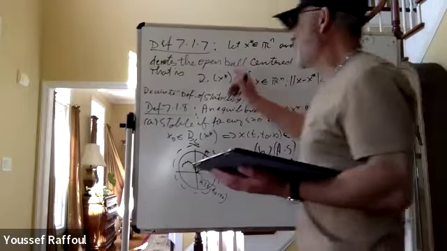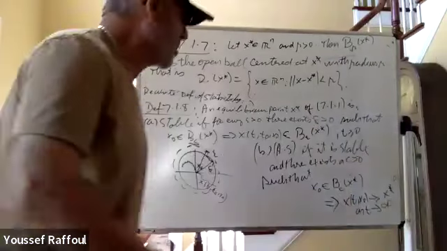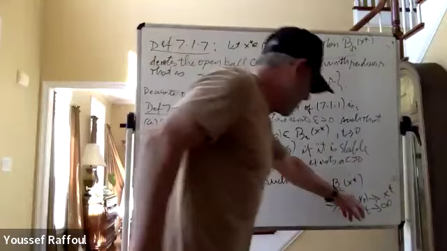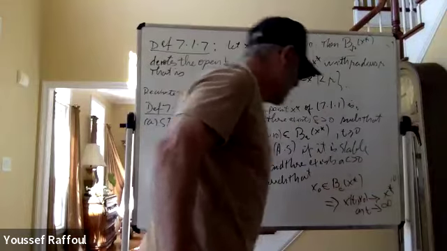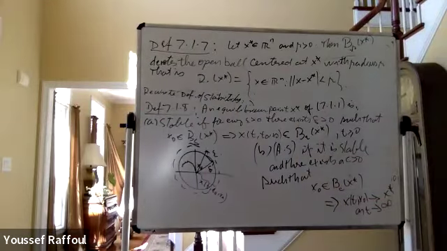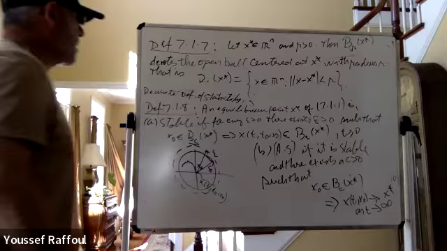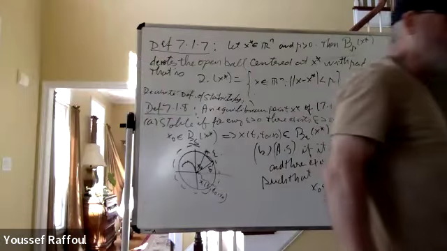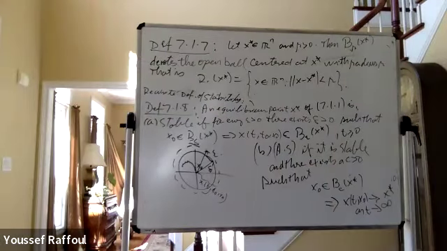Remember, x star is our equilibrium. If our equilibrium point was the origin 0, then this goes to 0 as t goes to infinity. So these are the definitions of the open ball, and it's helpful to do a proof for Lyapunov functions.